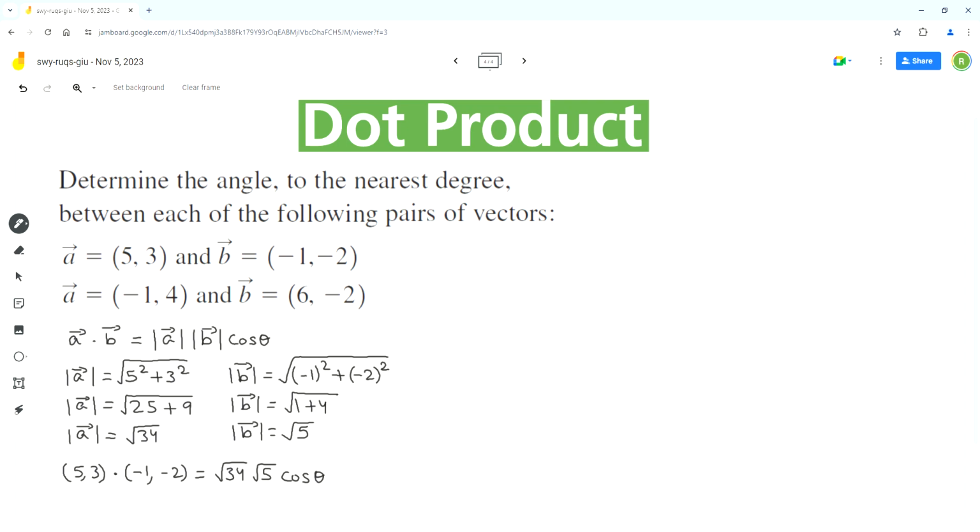So we have to multiply the x components and the y components. Now square root of 34 times square root of 5 is equal to 13.04.